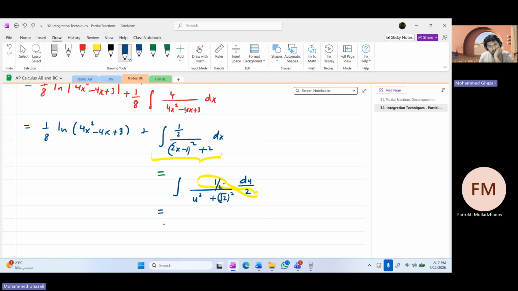Half divided by 2 will be a quarter, and all this will be 1 over root 2 tan inverse u. What was u? 2x minus 1 over root 2, plus c2.